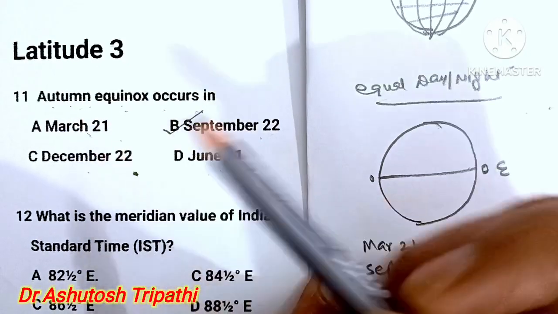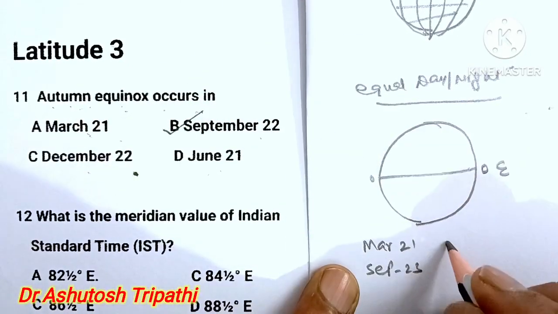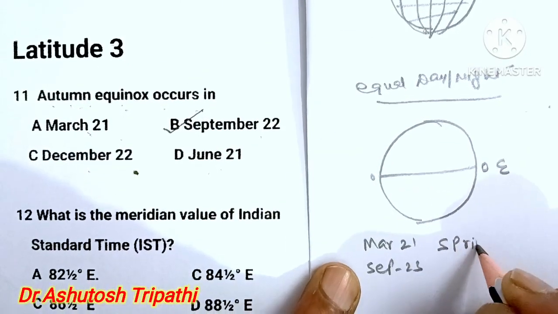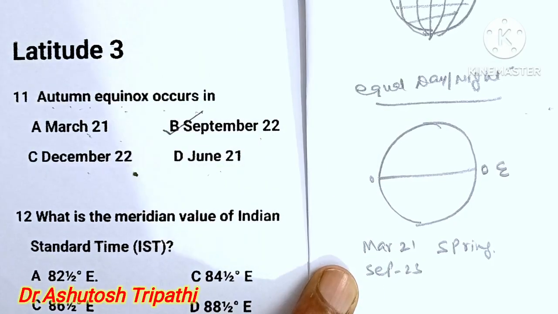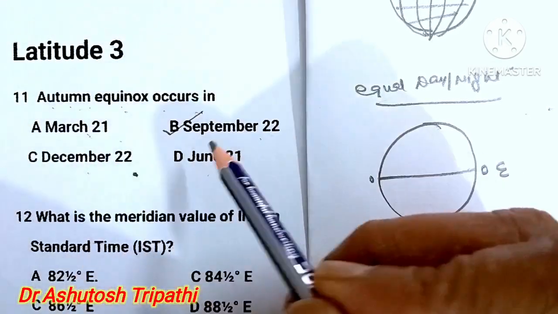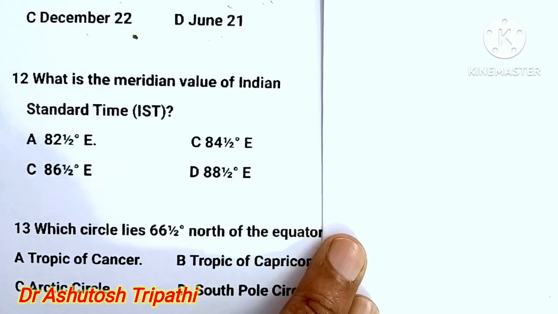That is the autumn equinox. When it is March 21, that is known as the spring equinox. The answer is September 22.